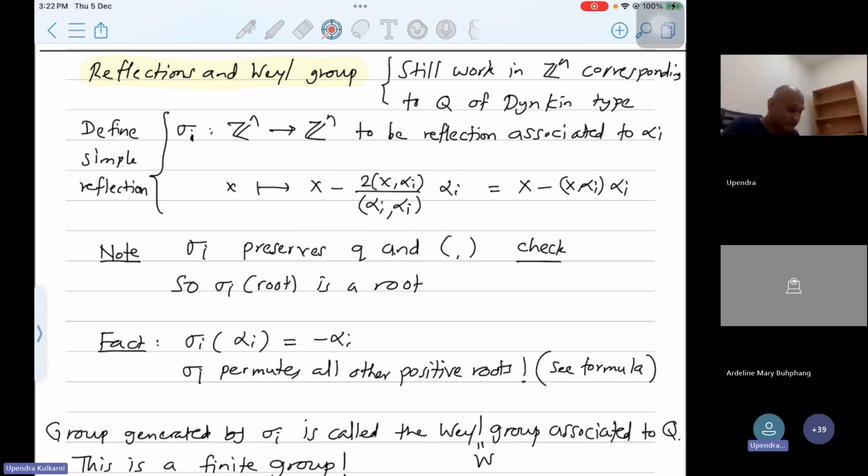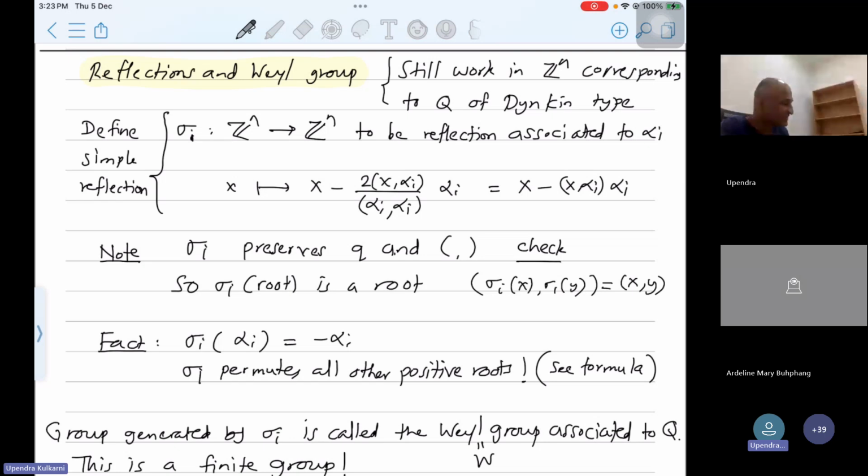Okay. Key fact: this sigma_i is a reflection, and so it is going to preserve the bilinear form, which is to say, if I calculate the bilinear form of sigma_i of x and sigma_i of y, this is going to be the same as that of x and y. You can of course do the calculation, but come on, just see visually.